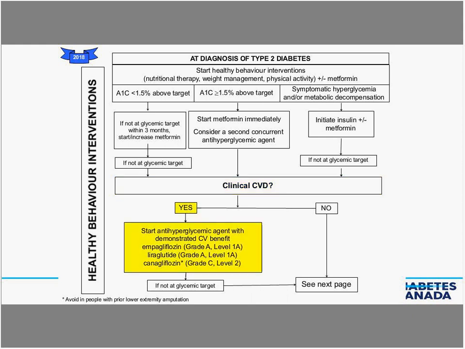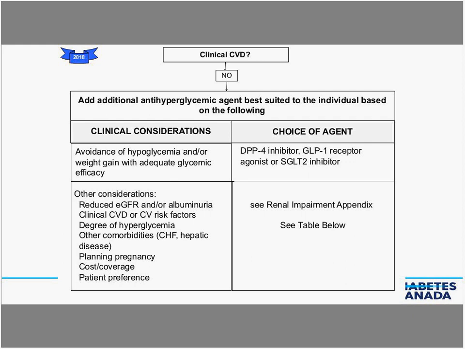If the patient doesn't have cardiovascular disease at baseline and is not meeting their targets with metformin monotherapy, then they're a bit more prescriptive than they were previously. They're suggesting that we should be choosing agents that are not associated with hypoglycemia and preferably are not associated with weight gain.